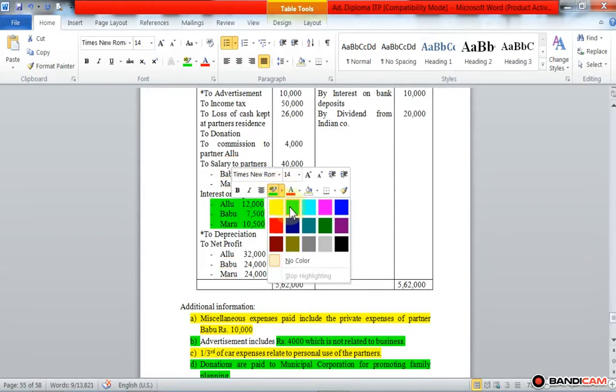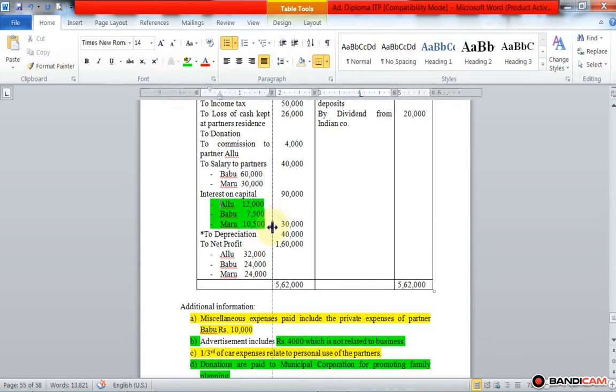So we easily compute the interest on capital, that is 15% interest on capital is charged. Here remember the rule, that 12% interest on capital is exempted. So the remaining 3% interest on capital is taxable or disallowed.